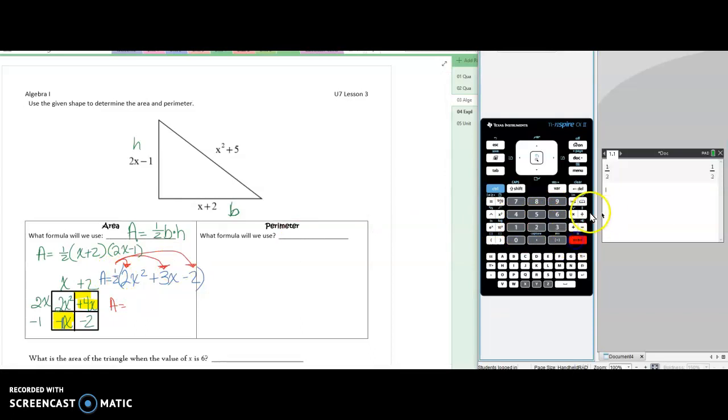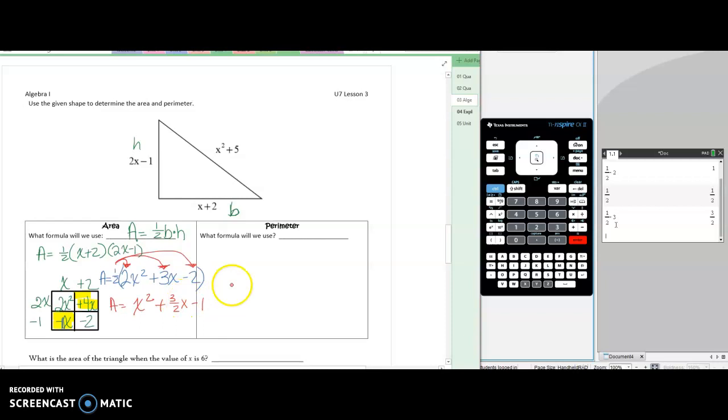So I have 1x squared, and then 1/2 times 3 is 3 over 2, so plus 3 over 2x, then 1/2 of negative 2 is a negative 1. You can use your calculator to figure all that out. So the area of the triangle in terms of x is x squared plus 3/2 x minus 1.